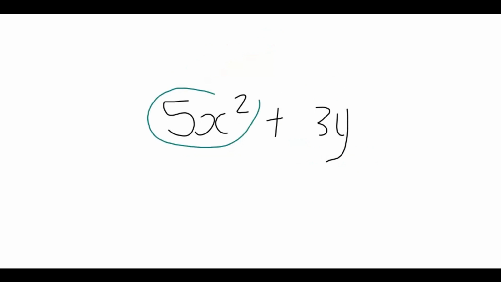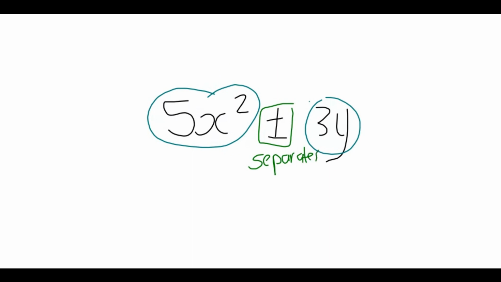Okay, now let's say I have two terms like 5x squared plus 3y. These are two terms because there is an addition or plus sign in the middle, and a plus or a minus separates terms. So now I only have two separate terms.